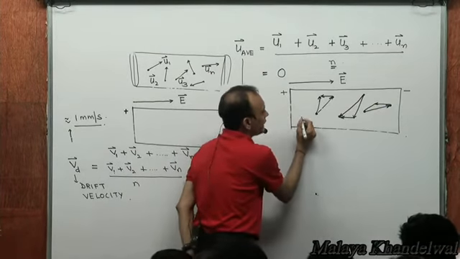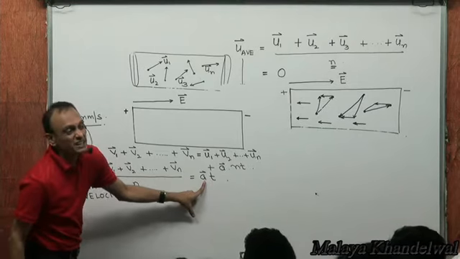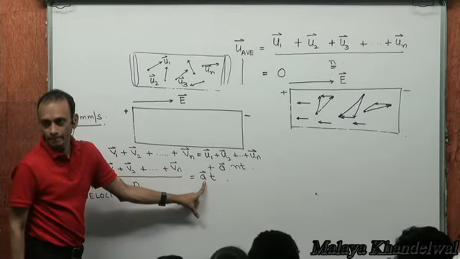So essentially, all electrons now have a bias. They are all drifting leftwards. And do you realize that the drift velocity is in the direction of acceleration, right?